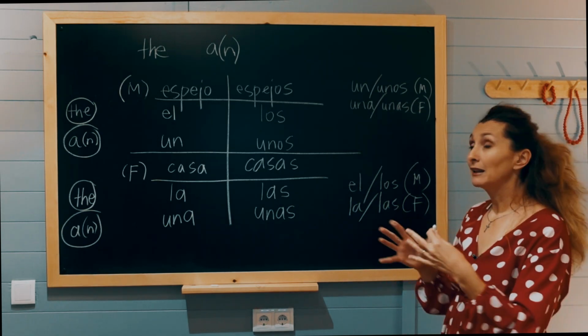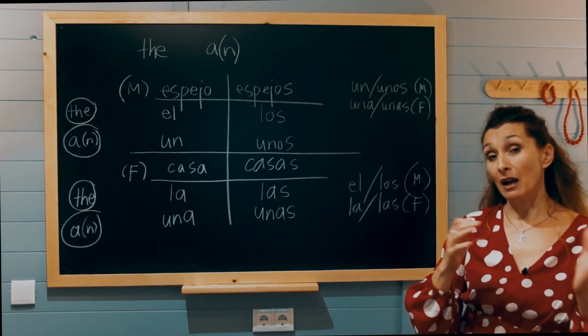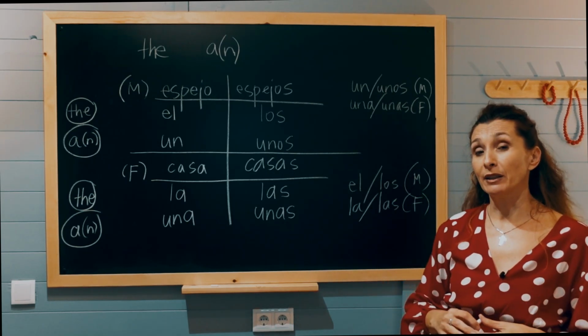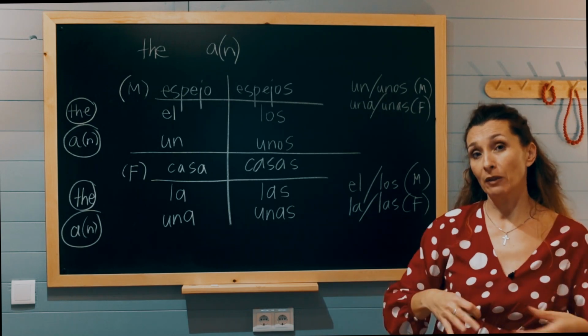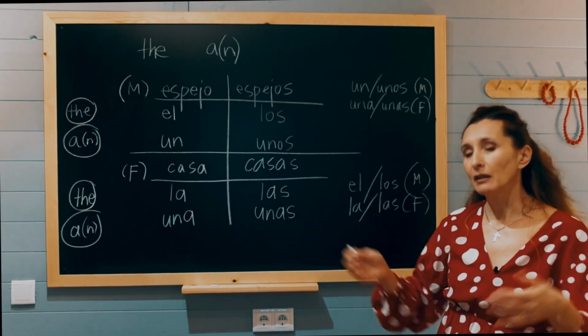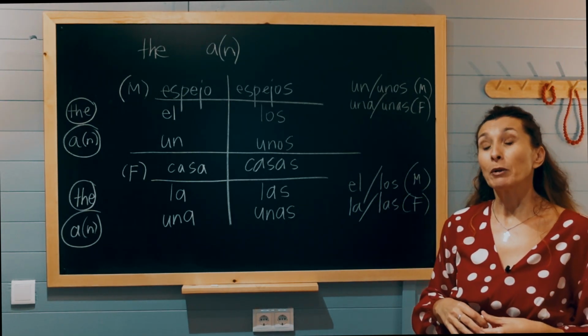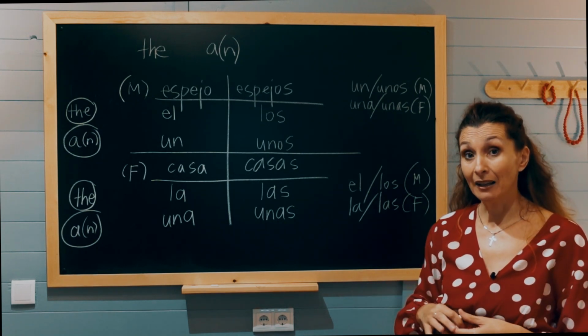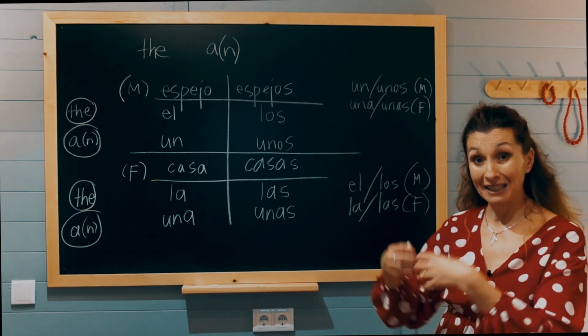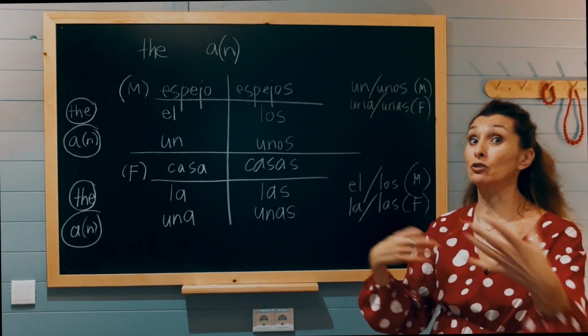So always learn them together. The article always with the noun, or the noun always with the article, and then it will be much easier for you later when you have to use that noun in a sentence and you want to describe it.